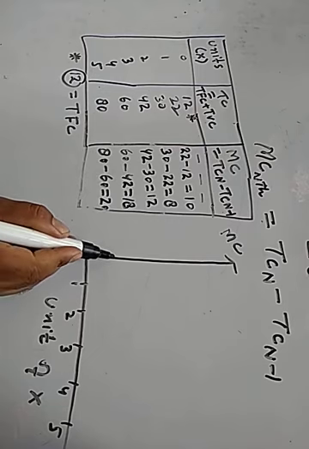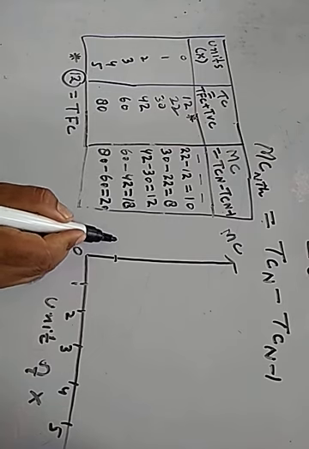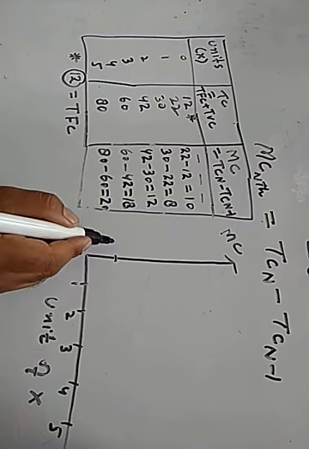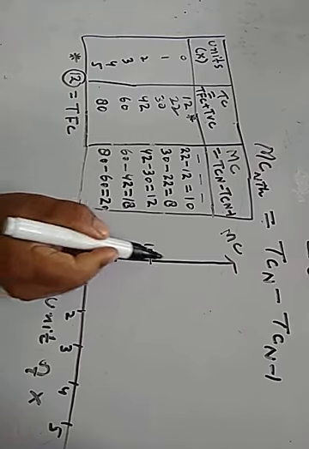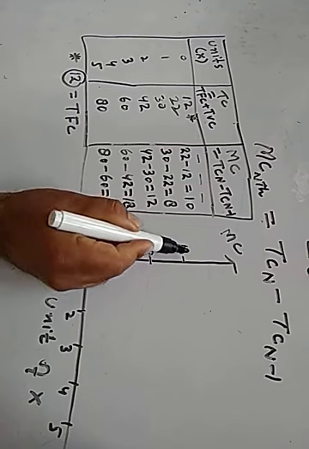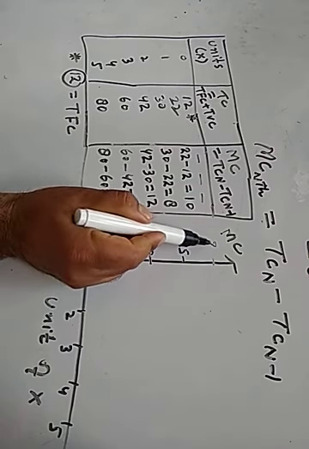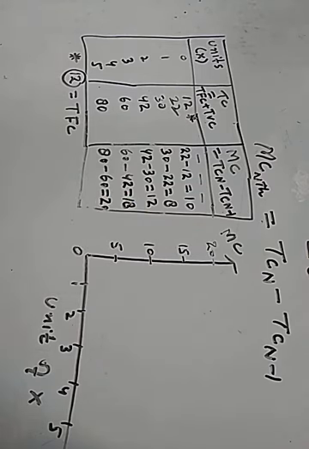We will start from 5, 10, 15 and 20. When 1 unit of commodity X is produced, the marginal cost is 10.